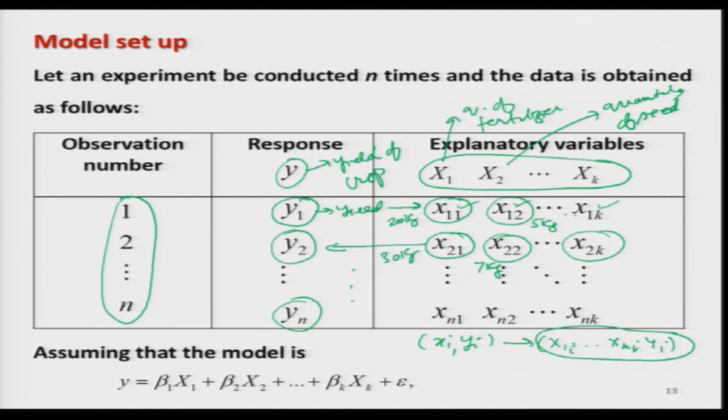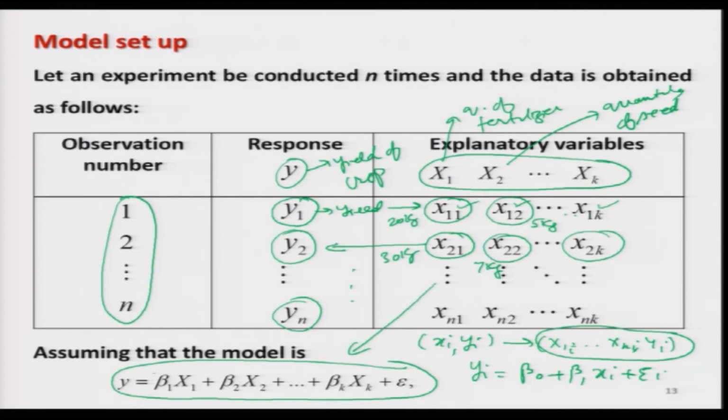Since we are assuming the model y is equal to beta 1 x1 plus beta 2 x2 plus beta k xk plus epsilon, similar to the concept we introduced in the simple linear regression model, where every set of observations satisfies beta 0 plus beta 1 xi plus epsilon i, this concept can be extended, and these sets of observations will satisfy this multiple linear regression model.